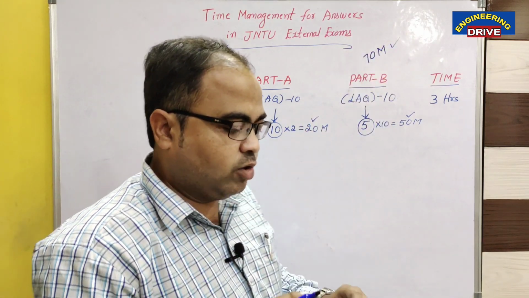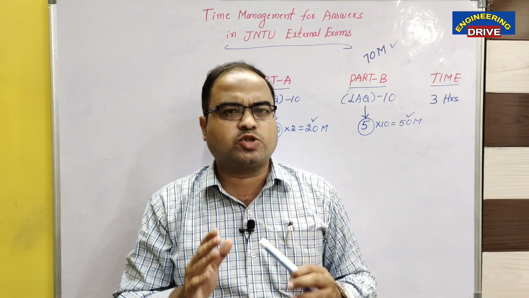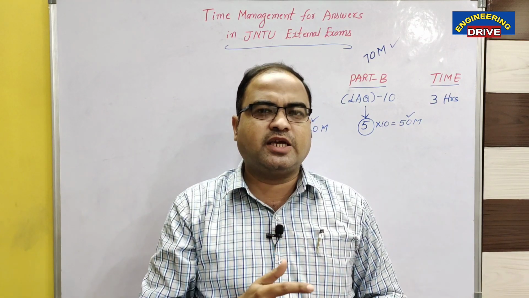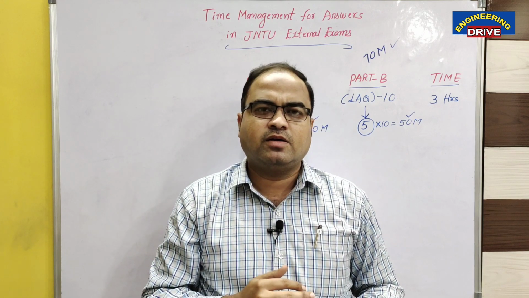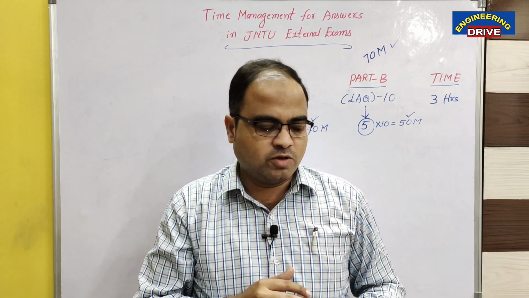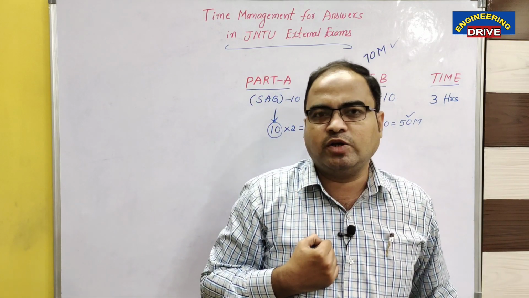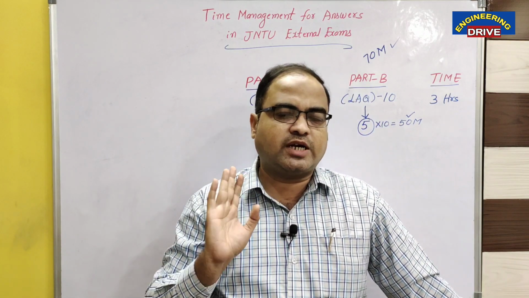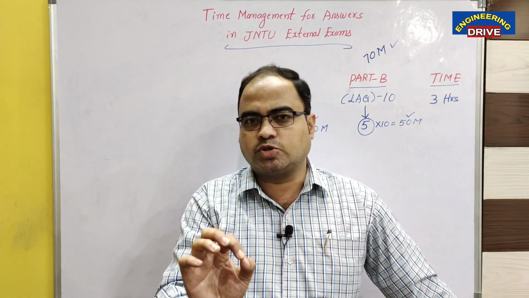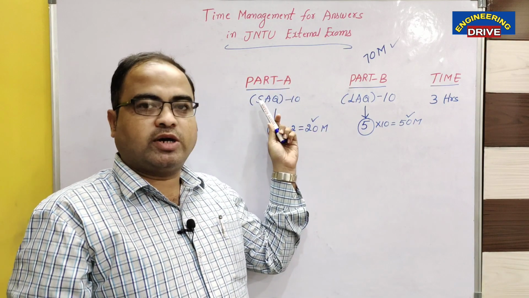Is it clear? Now, the major problem with students is that when the question paper is given to them in the exam hall, the first thing is they don't know where to start. We know that whichever answers we know best, we need to start from there. This is an old proven fact. But remember students, now you have two choices.